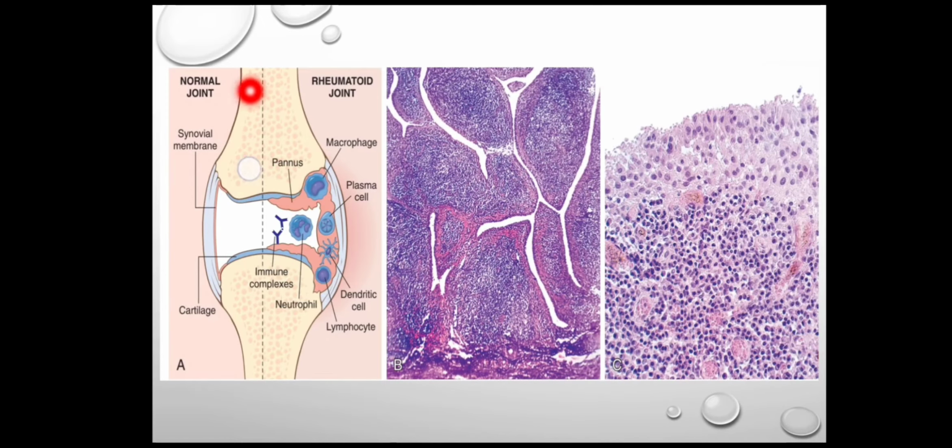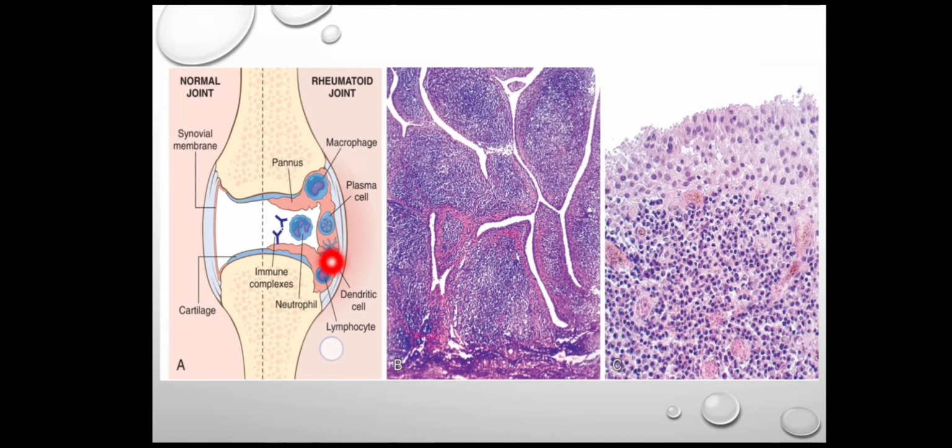So again here we are seeing a normal joint. This side is a normal joint with adequate joint cavity, synovial lining, the capsule, and this is the end of the lower bone covered by articular cartilage. Now in rheumatoid arthritis, there will first be lymphocyte activation, and presentation of the antigen by dendritic cells. Then there will be release of cytokines which will recruit neutrophils and macrophages to the site.